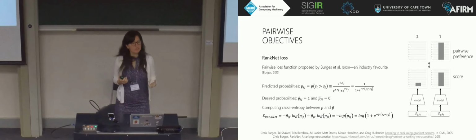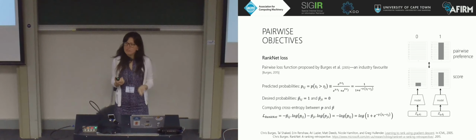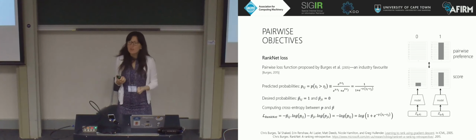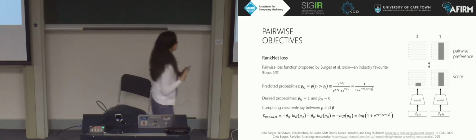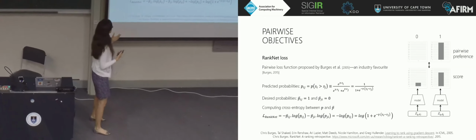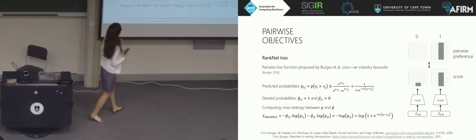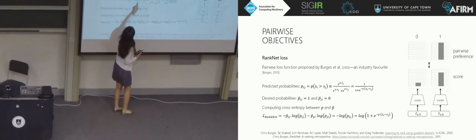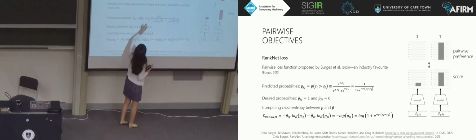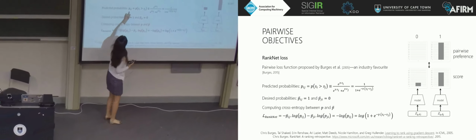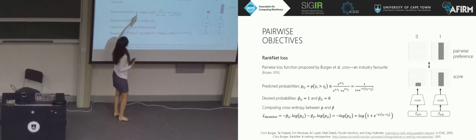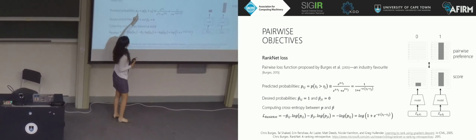This was one of the original learning to rank methods that seemed to perform extremely well, and it's based on this pairwise approach. It first computes the probability, given the scores output by my system for document i and document j, that my system would rank document i above document j.